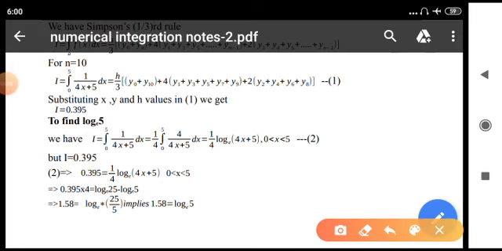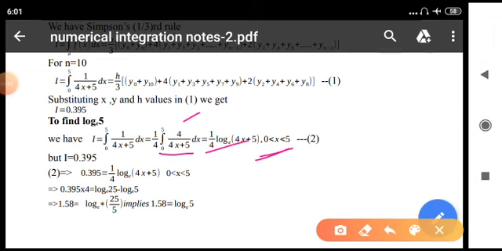We get 1 by 4 log of 4x plus 5, because whenever the derivative of the denominator is present in the numerator, the integral of that function will be log of the denominator. The derivative of 4x plus 5 is 4, which is present in the numerator. So the integration is 1 by 4 times log of 4x plus 5, with x between the limits 0 to 5.